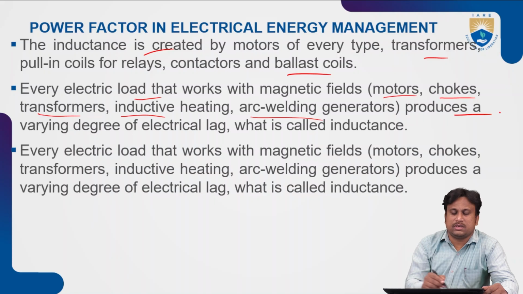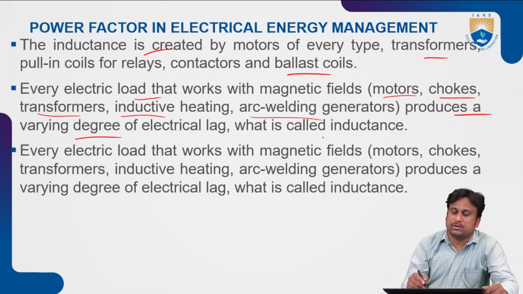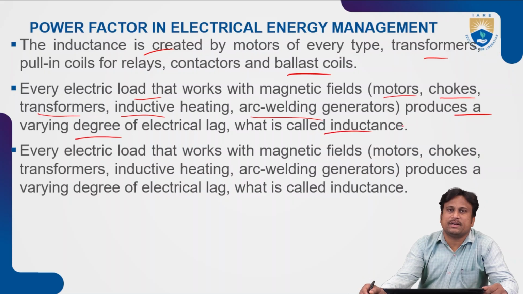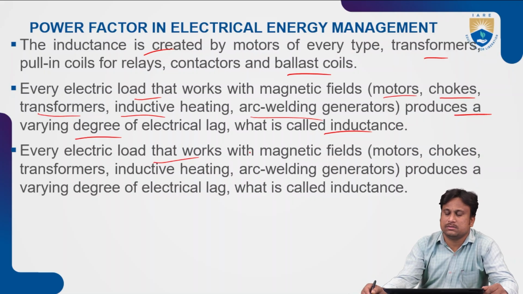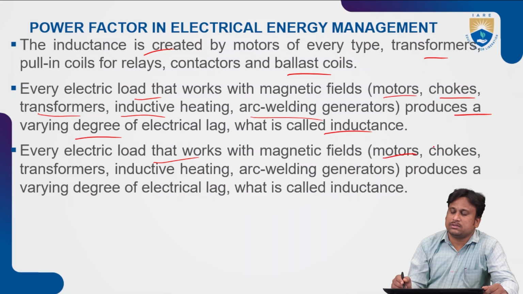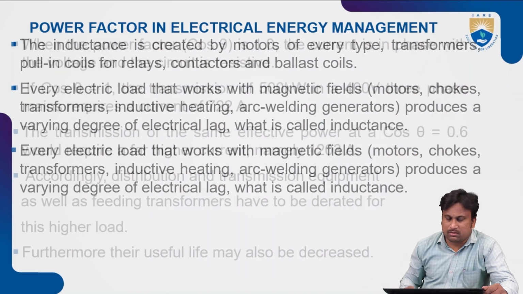They produce varying degrees of electrical lag, so this should be variable in nature as the angular parameter. That should be treated as one of the inductance cases, and they are supposed to be treated as lagging components.